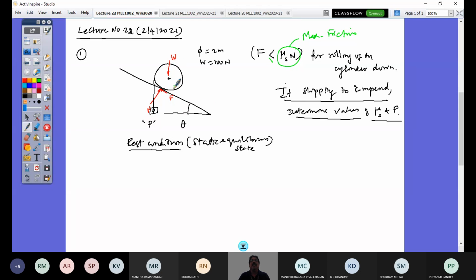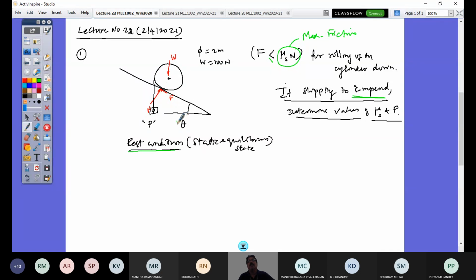If you look at any wheel rolling down, then the friction force would not be in this direction, it is along the translational direction of its center. That is in a rolling state, right? Supposing a wheel is rolling down, then the direction of friction is not up, it is in the forward direction.